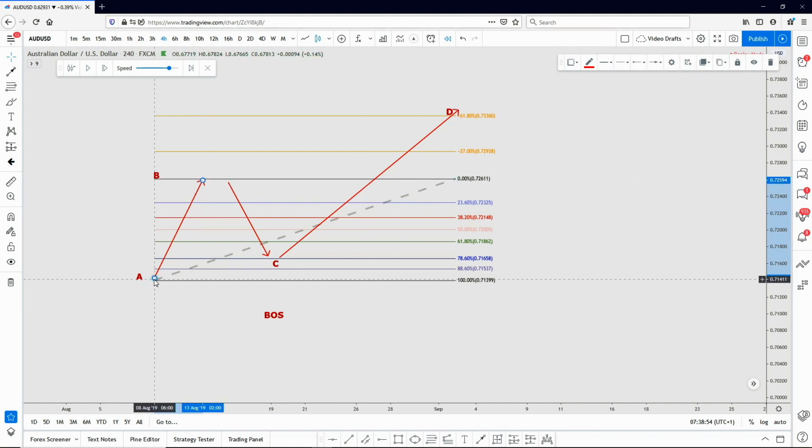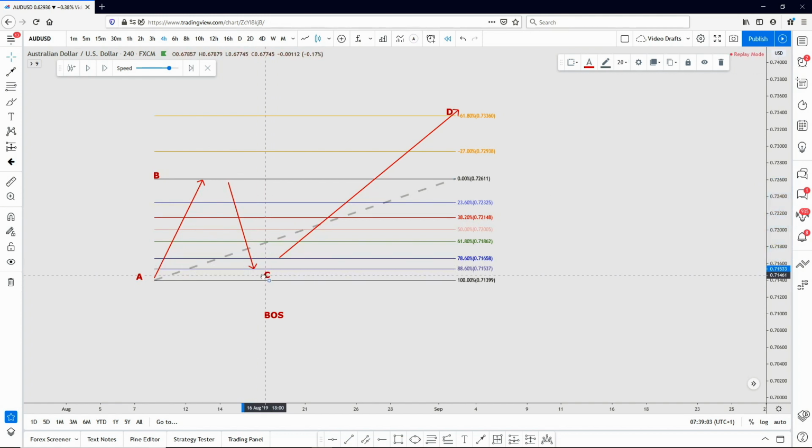So when we draw fibs, it's from point A to point B, and then we're measuring the retracement. That's what Fibonacci retracement is. And point C is always the retracement. So the retracement can go to here, 23%, 38%, 61%, 78%. It can go all the way back to 100%.